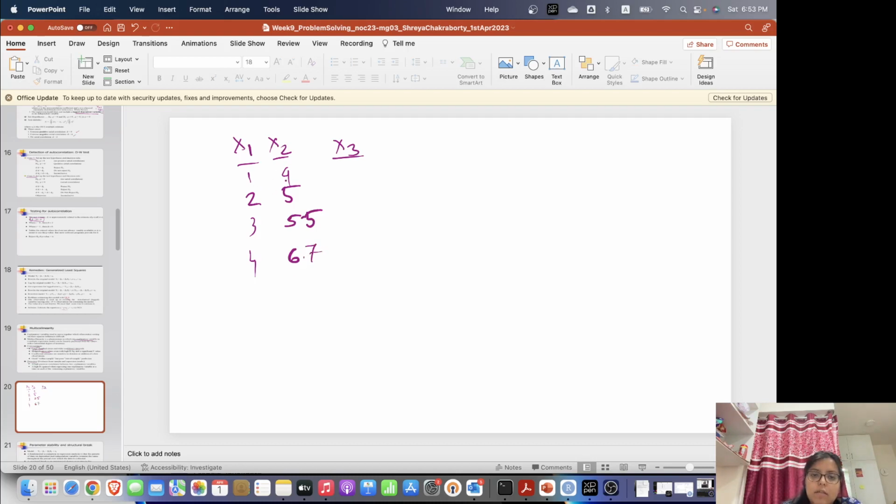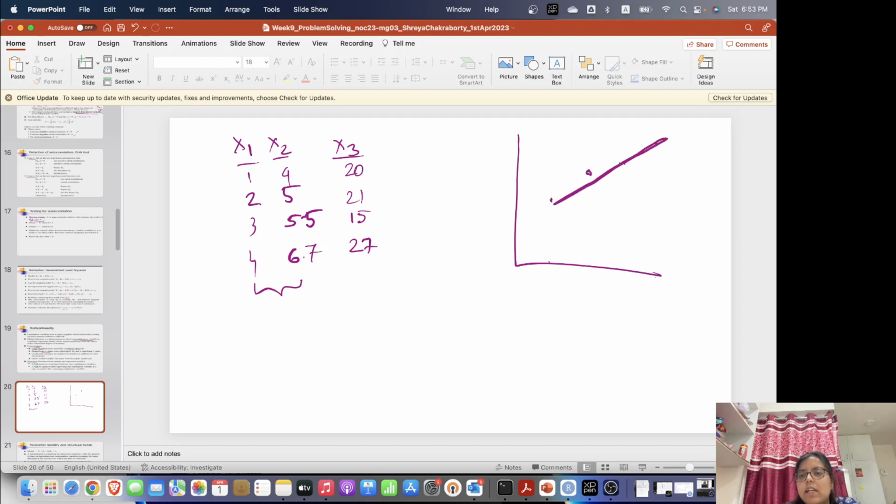Then we have y: 20, 21, 15, 27. If we consider x1 and x2 and plot them, 1 and 4, 2 and 5, 3 and 5.5, 6.7, we are almost getting a linear relationship based on these things.